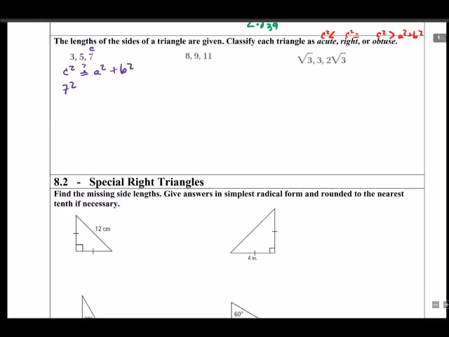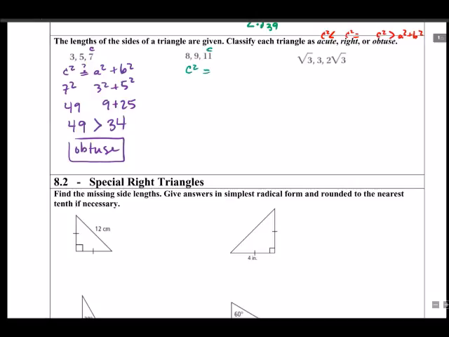So 7 squared, 3 squared plus 5 squared. 49, 9 plus 25, 49 and 34. 49 is greater than 34, so it's not right. It is obtuse. And next one, if this were a right triangle, that would be c.